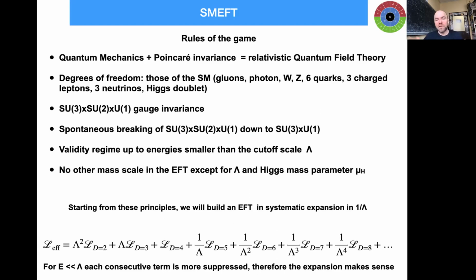We have a new element, which is spontaneous breaking of the symmetry down to SU(3) cross U(1). So these are the new things that we have to take into account when we build this SMEFT. But otherwise, the philosophy is the same. We start with the rules of the game, the symmetries and the particle content, and we build the most general effective Lagrangian in an expansion in some power of 1 over lambda.